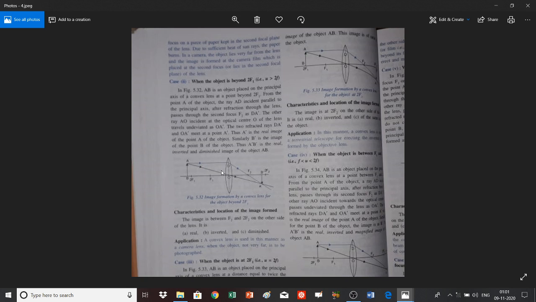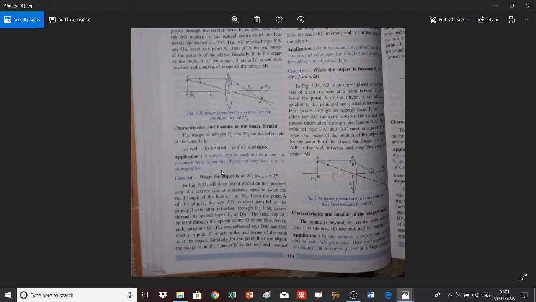So you know what you have to do. First, consider a ray which is passing through the optical center, so it will pass in this direction without any deviation. And number two is another ray which is parallel to the principal axis.